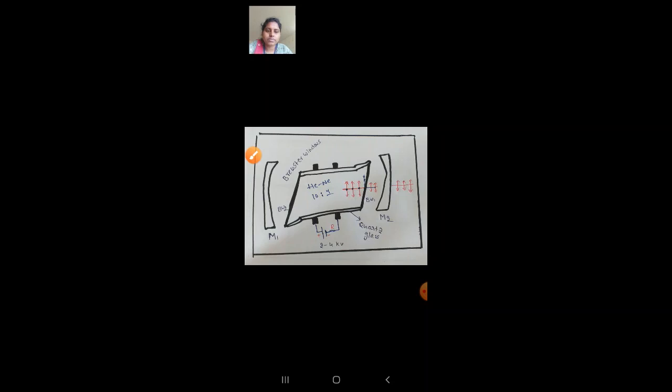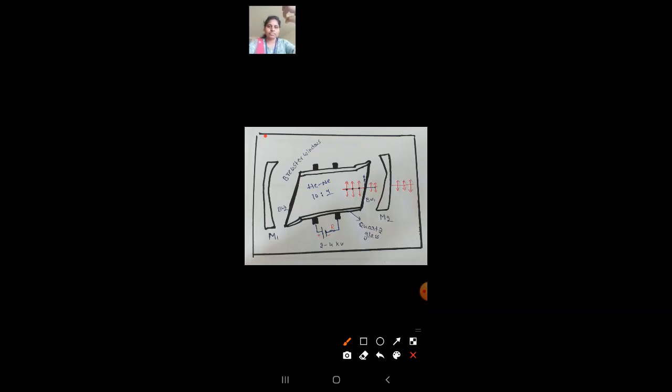Here they collide with the quartz chamber. Let us see this picture. Whenever we give energy to the helium atom, the helium absorbs that energy and enters the excited state first.